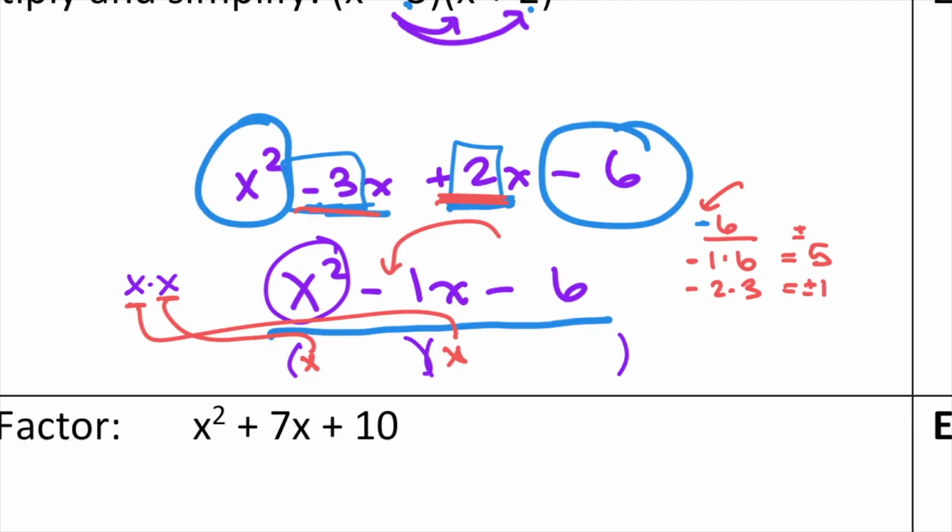Now think about what I want. I want a negative 1. The only numbers that are going to give me a negative 1 are positive 2 and negative 3 combined together. So we're going to write plus 2 and negative 3. So if you check your answer, wait, we're back where we started. x minus 3 and x plus 2.